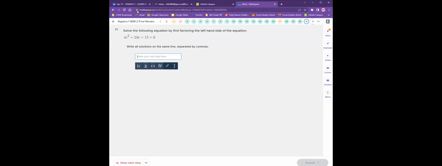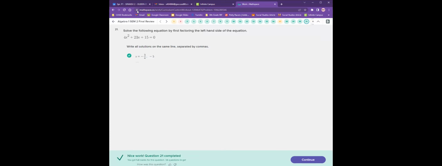So (4x plus 3)(x plus 5). So then x equals negative 3/4, and the other one is negative 5. Good.